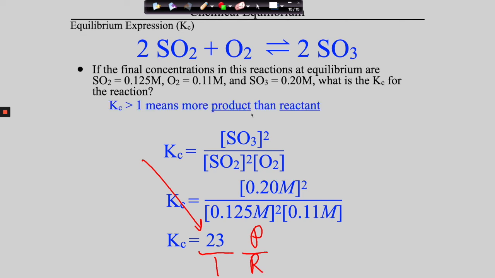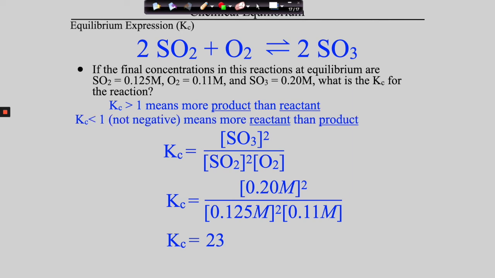That is what this sentence means. If your Kc is greater than 1, remember the alligator eats the bigger number. If Kc is greater than 1, this means you have more product than reactant. Now, what if the opposite is true? What if your Kc is smaller than 1?